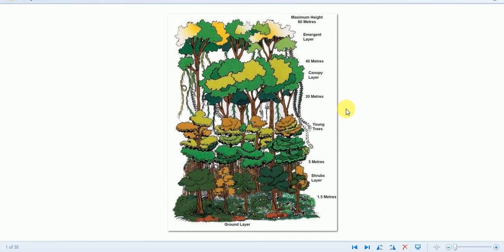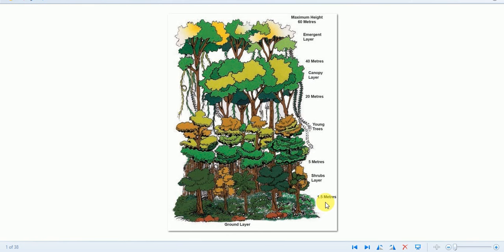Okay, see here. This is a diagram taken out from the class 9 book, you may be remembering. This diagram shows the structure of tropical rainforest or tropical evergreen forest. You will be seeing different layers.